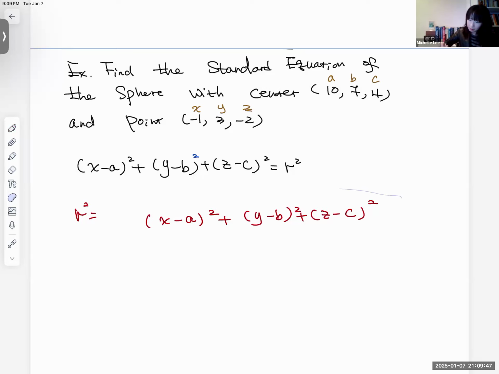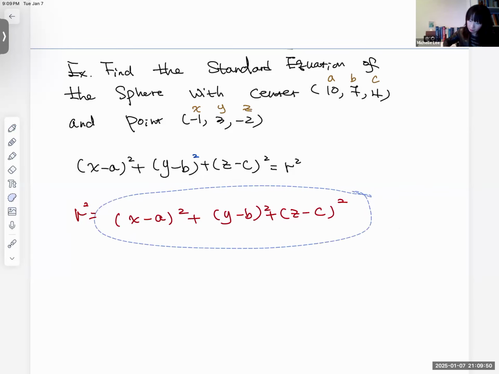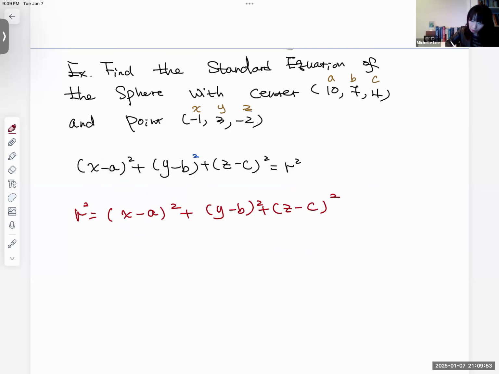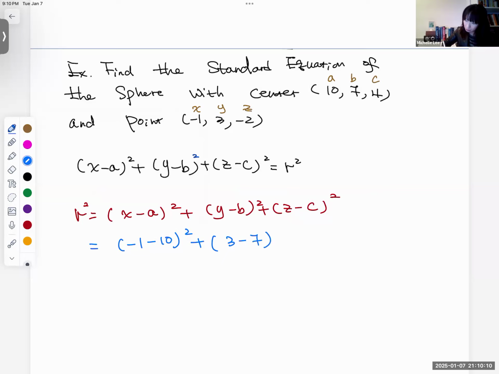So that will be (negative 1 minus 10) squared plus y, which is (3 minus 7) quantity squared, plus z, which is (negative 2 minus 4) squared, right? Okay, can you please calculate? So we get 173. Very good.